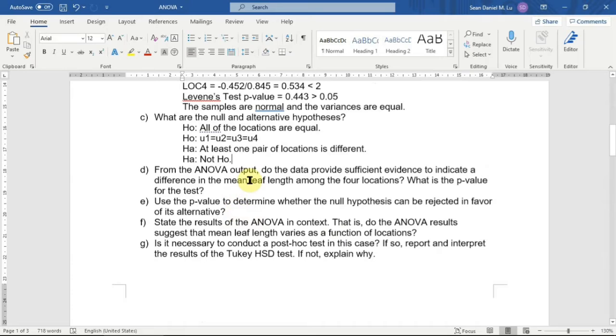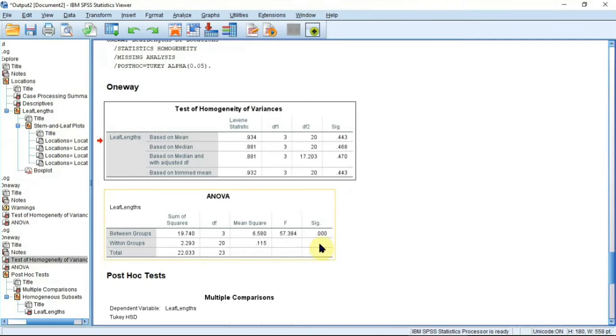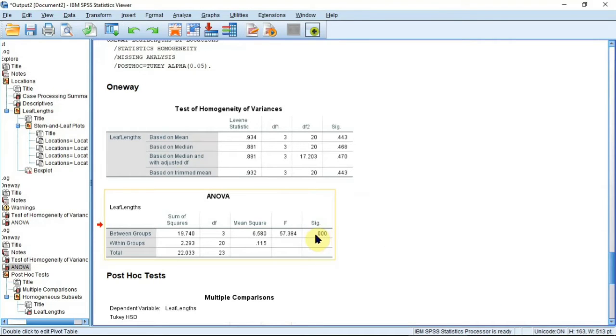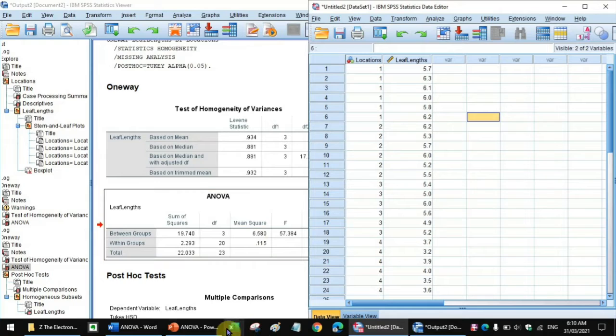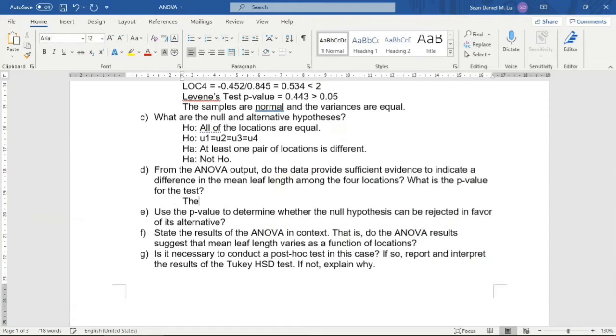From the ANOVA output, what is the p-value, and do the data provide sufficient evidence to indicate that they're different? Let's go back to the output. The p-value is 0.000, which is less than 0.0005. This is also less than alpha of 0.05.